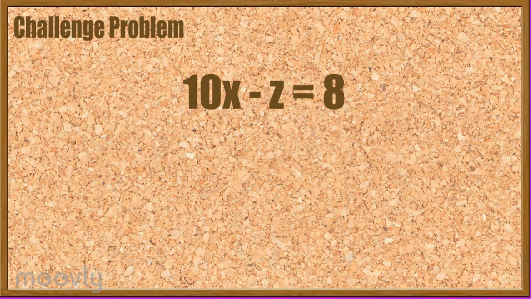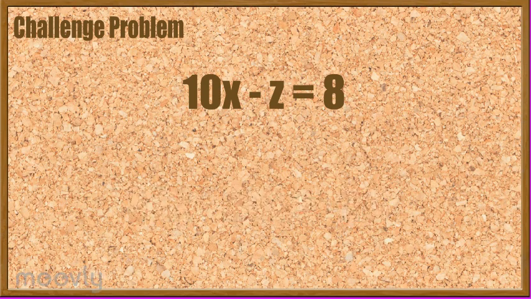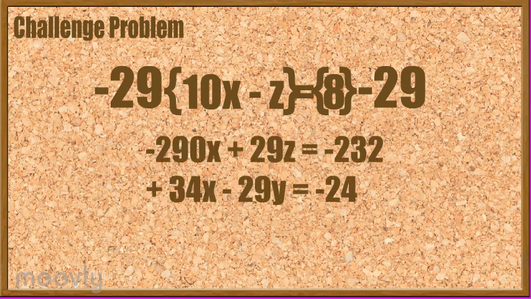Now that you have two equations with two variables, 10x minus z equals 8 and 34x minus 29z equals negative 24, you multiply both sides of equation 4 by negative 29 to eliminate the variable z, and then add the transformed equation 4 to equation 5 to create equation 6, which has one variable. So negative 29 times equation 4, you get negative 290x plus 29z equals negative 232.